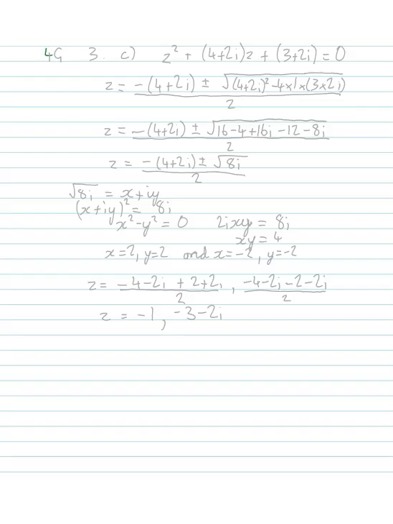Okay, so we're looking here at Patel 4G question 3C, and we're trying to solve z squared plus (4 + 2i)z + (3 + 2i). Now the challenge with this question is that we've got complex coefficients, but we still use the quadratic formula as normal: z equals minus b plus or minus the square root of b squared minus 4ac, all over 2a.